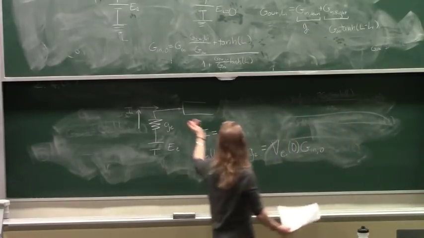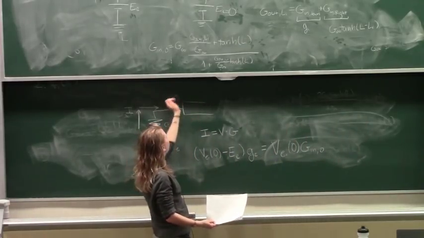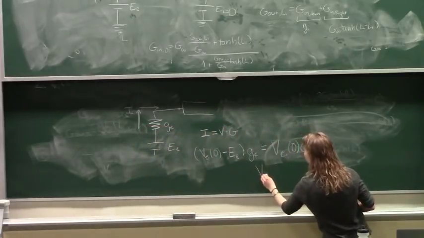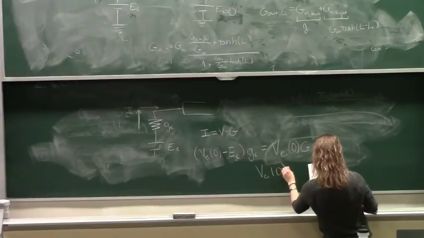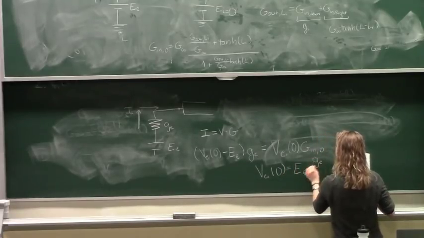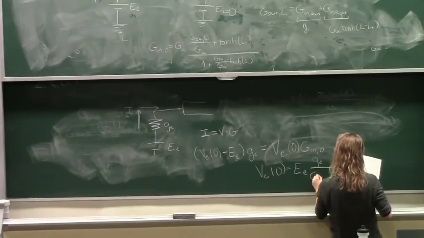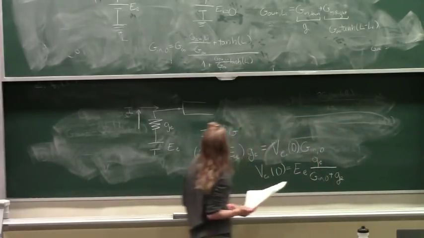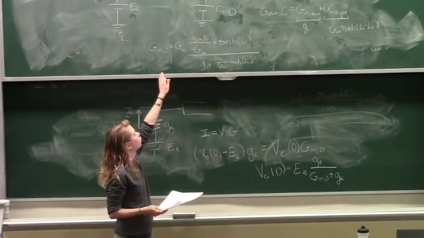So this is the current entering the rest of the circuit here. And then you can solve for VEI of 0 and get EE times little GE over G in 0 plus GE. And then you would plug in your value for G in 0 from up here.